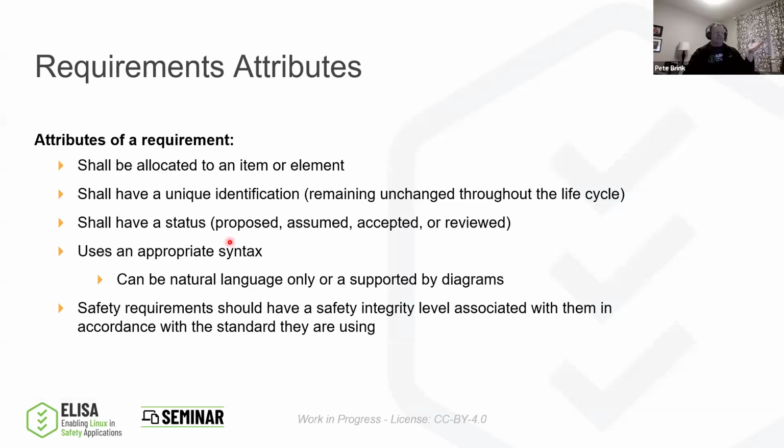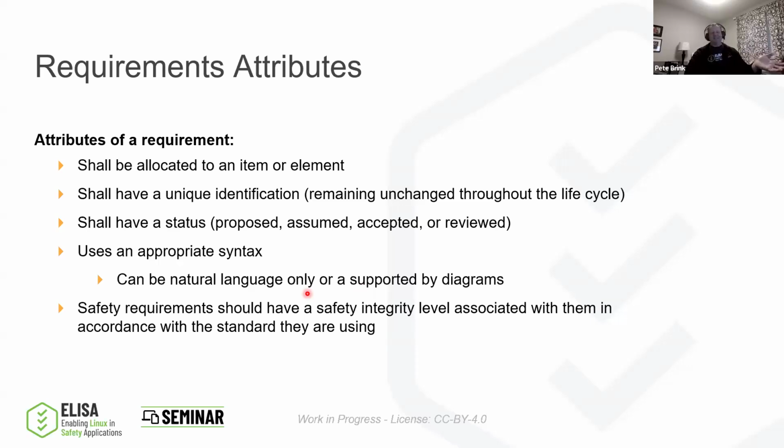It needs to be allocated to an item or an element, so a component. It has to have some sort of unique identification that remains consistent. It has to have a status, and it has to have an appropriate syntax. And it can be natural language or natural language supported by diagrams. We'll talk a little bit about those coming up in the next few slides.